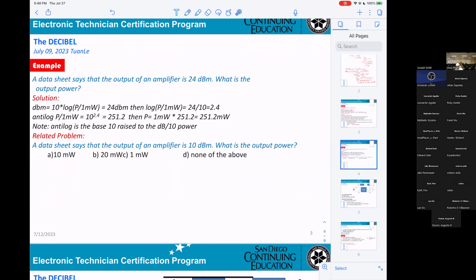Okay, next example. A data sheet says that the output of an amplifier is 24 dBm. What is the output power? That means when you're working in the communication lab, you get a gain of 24 dBm, and now we want to know it in watt or milliwatt.